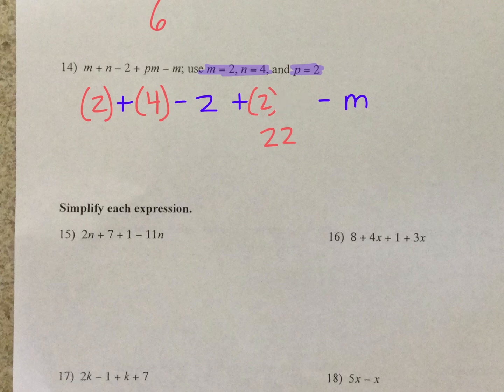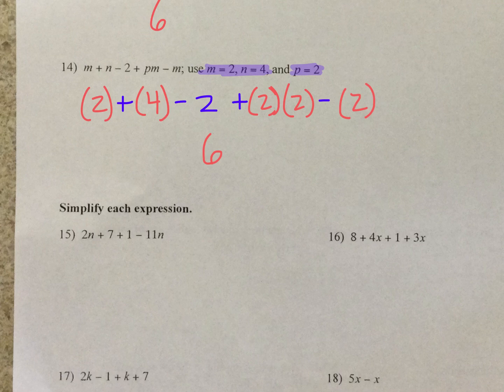Now, instead of 22, I have 2 times 2, which is 4, which is very different than 22. All right, so parentheses are key. I'm going to erase my M and replace it with a 2. All right, you type that straight up in your calculator, just how you see it, and you should get the number 6.